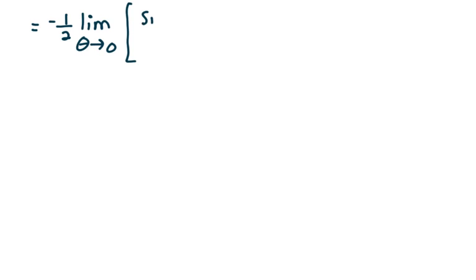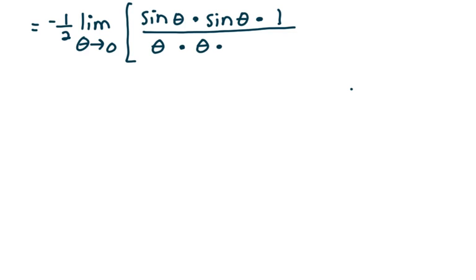Now I'm going to get sine theta times sine theta. Now, if you don't mind, I'm going to put a 1 up here. And then I'm going to divide by theta times cosine theta plus 1.